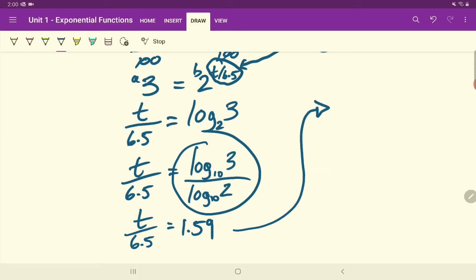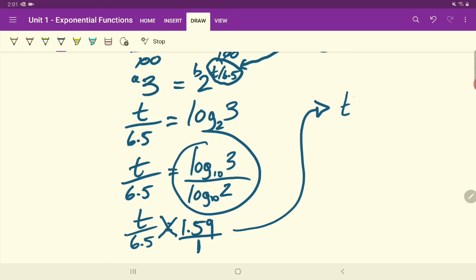I'm not done yet though, right? I need to solve for t. I'm so close. Well, what if I assume that this is really over 1, and so I have a fraction with an unknown equal to another fraction? To solve this, simply cross multiply.